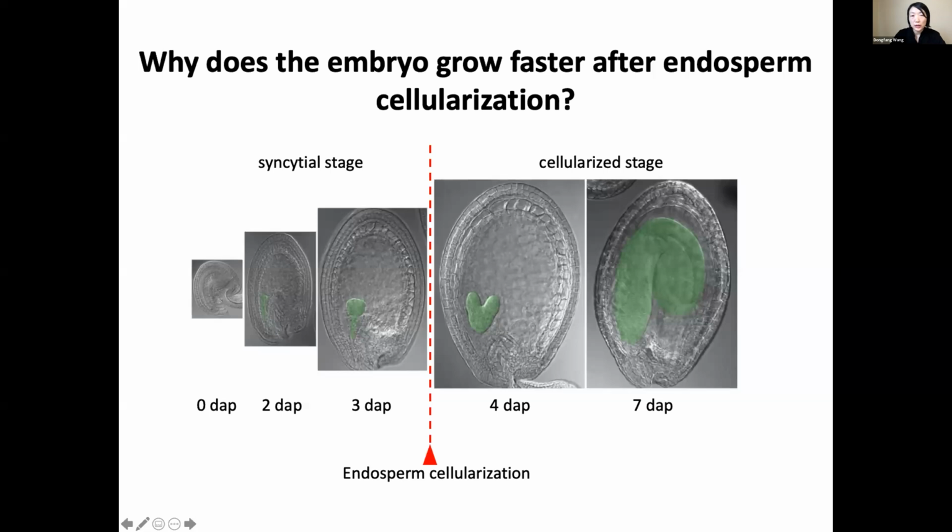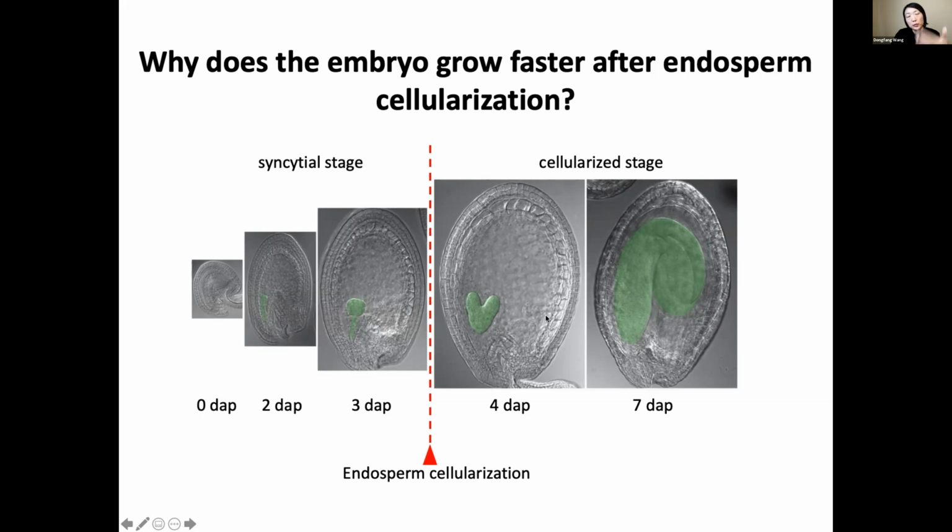As you can see here, in a period of 3 days, this is how much the embryo has grown during the syncytial phase. And from 4 to 7 days, this is how much the embryo has grown during 3 days of the cellularized stage. You can see that the embryo growth rate is a lot faster after endosperm cellularization.